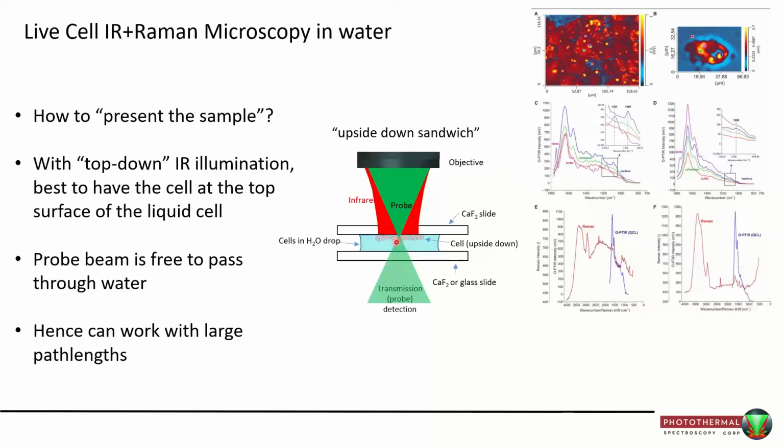That's where the photothermal effects happen, and they're picked up by the probe beam, which is now measured in transmission mode with a detector on the underside. So on the left-hand side here, we've got some fixed cell measurements or spectra from the paper, and on the right-hand side, we've got some live cell measurements, again, of IR and Raman.